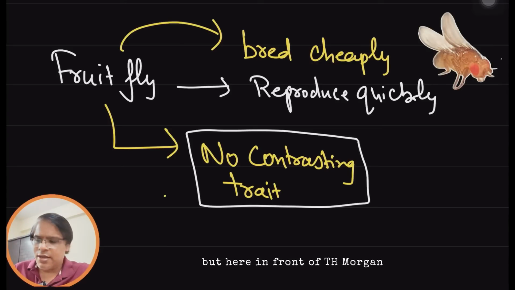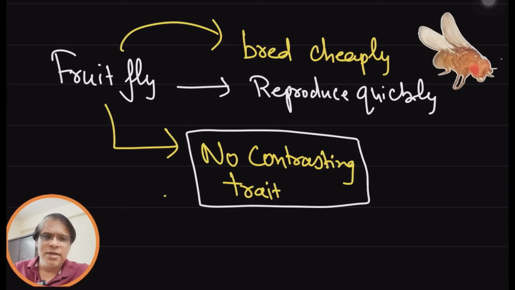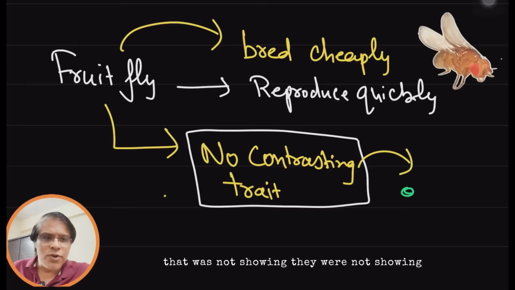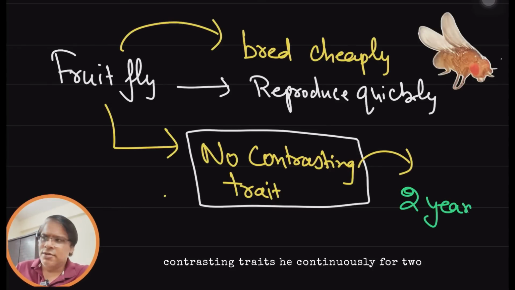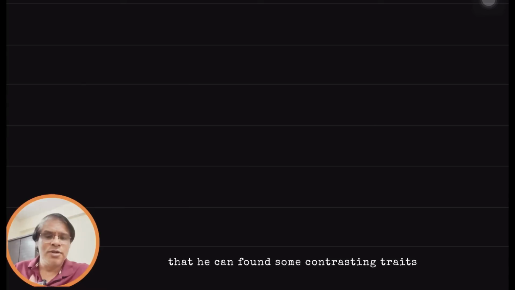Yes, Morgan selected the model fruit fly, but it was not showing contrasting traits. He continuously kept searching and observing fruit flies for 2 years so that he could find some contrasting traits.